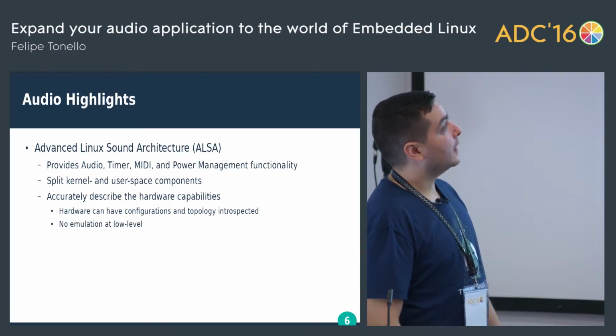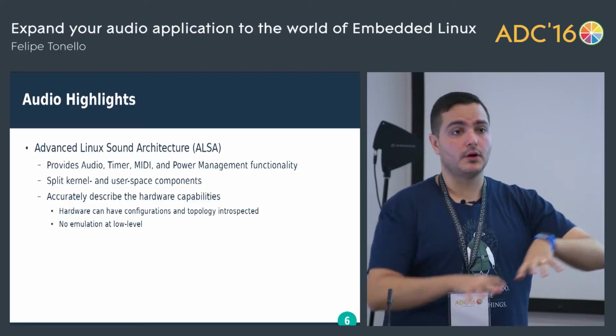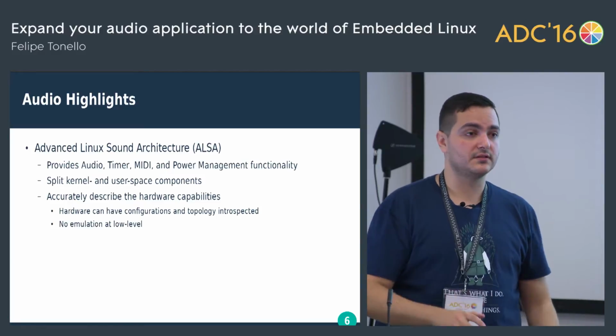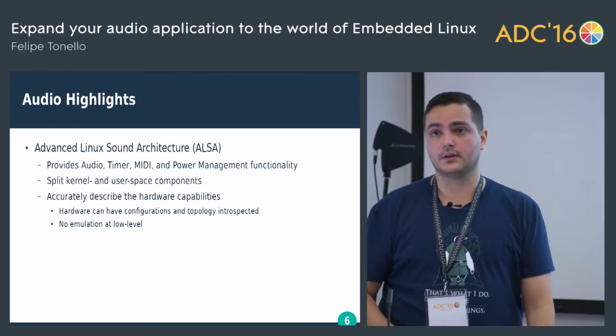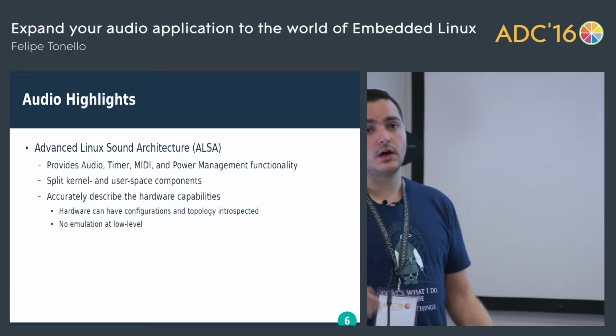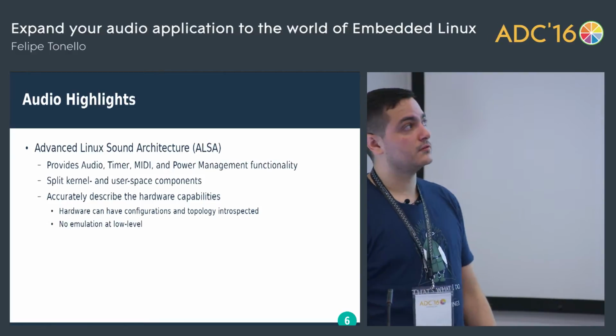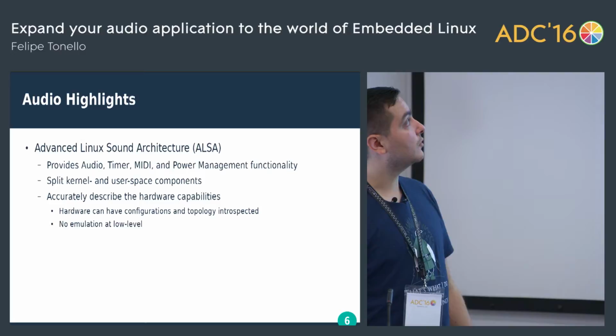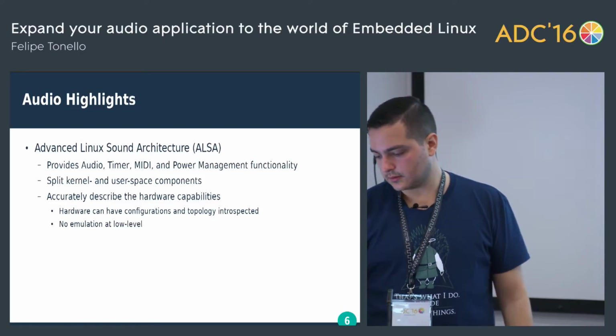algorithm. It even describes the topology of the hardware, because some systems, especially embedded ones, can be pretty complicated internally in how things are connected. So it also describes that. So, like I said, there's no emulation at the low level.